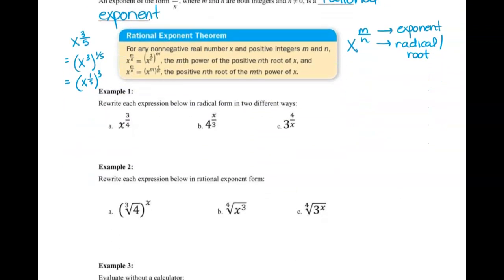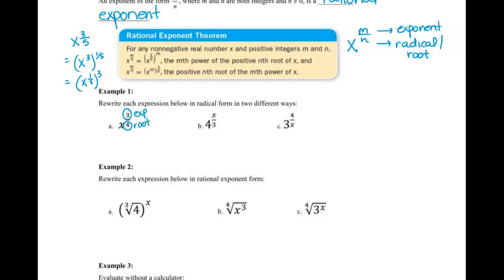Here's how we'll use it. So radical form literally just means it'll have radicals in it. Exponent form, or exponential form as I'll sometimes call it, means you only have exponents, no roots. So for part A in example 1, x to the power of 3/4, 3 is our exponent and 4 is our root.